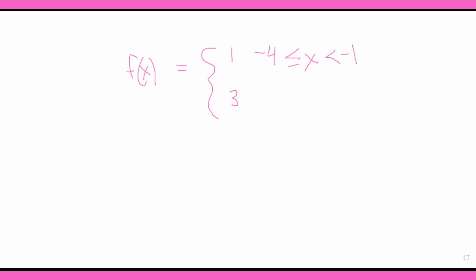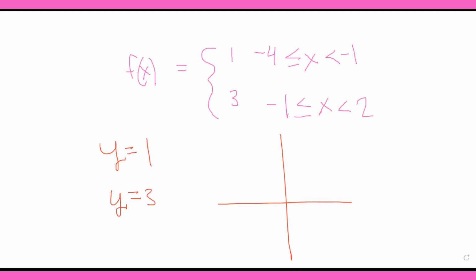And then for this one, let's say it's from -1 to 2. Real quick, we recognize these as y equals 1 and y equals 3. So these are just two horizontal lines.